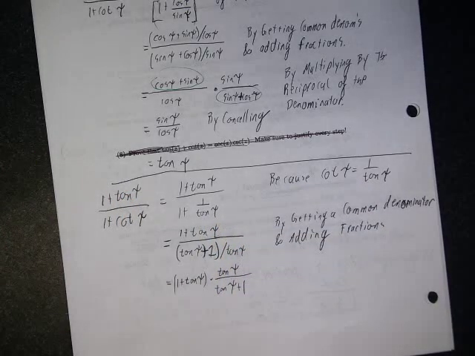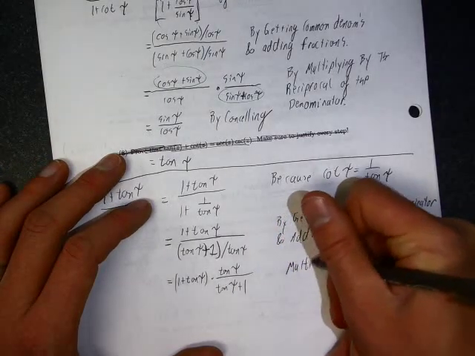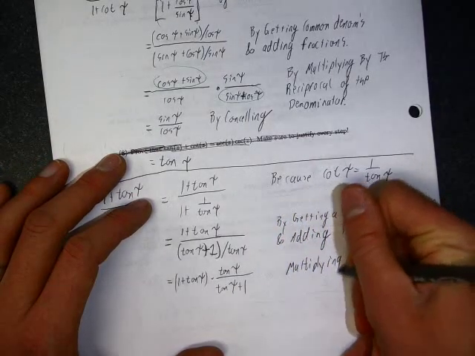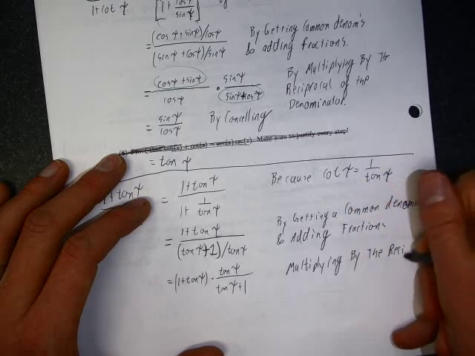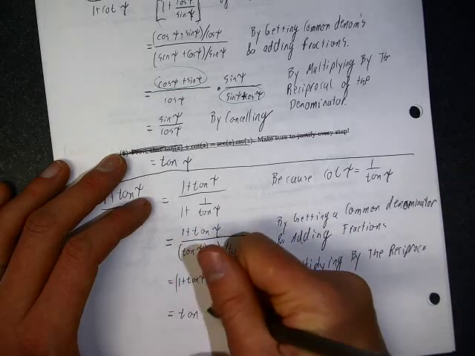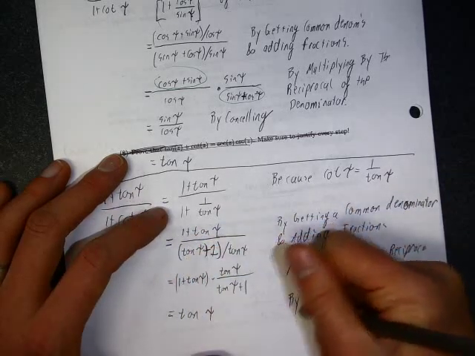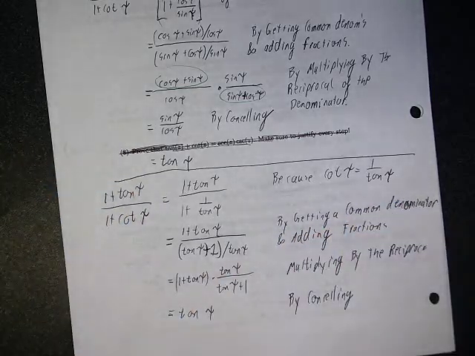Does something cancel? This was by multiplying by the reciprocal. That's the same thing as tangent psi by canceling. Does that reduce what we wanted to reduce down to tangent of psi?